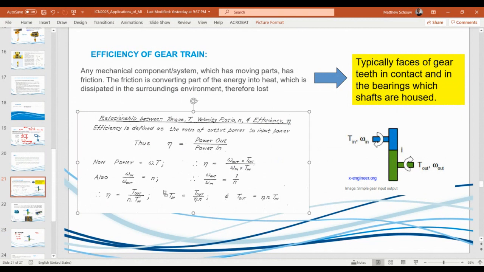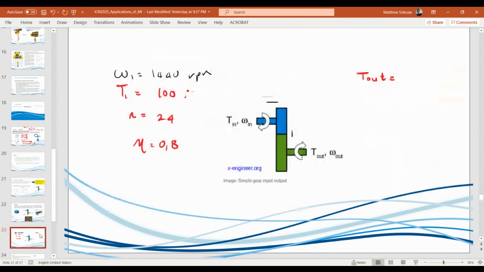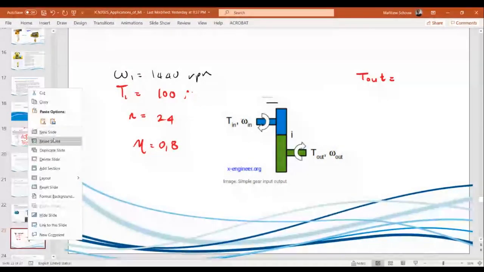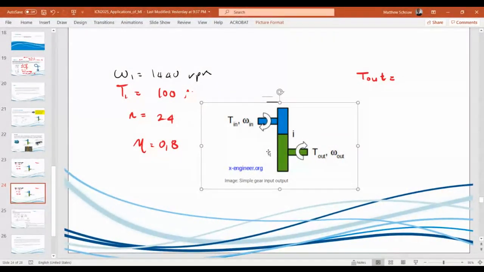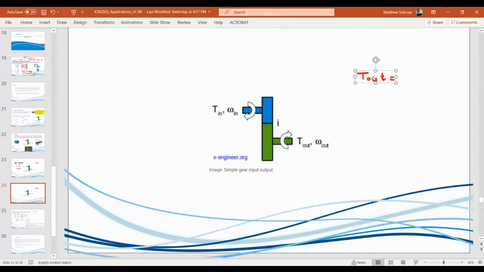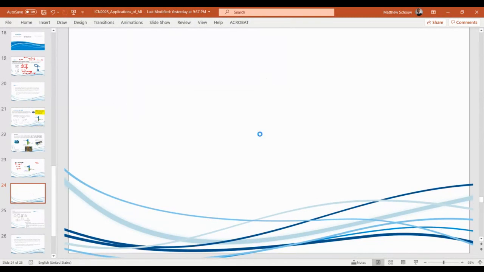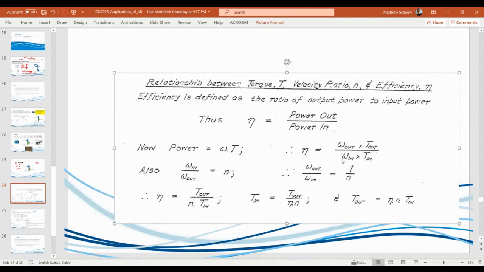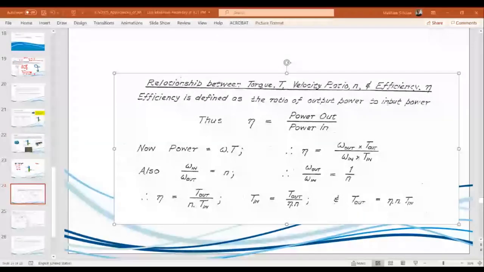I'll show you how it's all derived first of all. I don't actually want to spend too much time on this over here, but it's worth spending time to understand. Now it all starts basically, we have the efficiency is known as power out over power in, right?